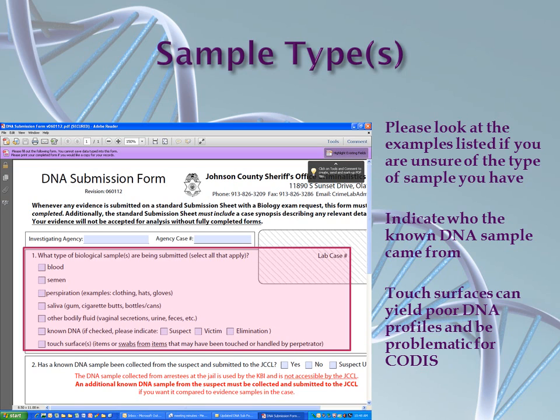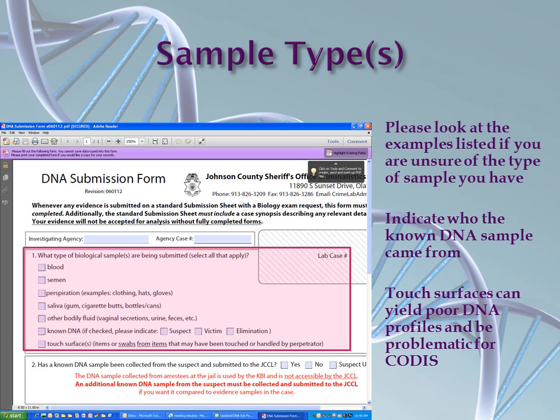We also have a box for any known DNA sample that comes into the lab. And on this, we would like you to indicate whether that is the suspect or a victim or some other kind of elimination sample, such as an owner of a business or something along those lines. And the last box is going to be our touch surfaces. And this is everything, either an item or a swab from an item that you think the perpetrator touched.